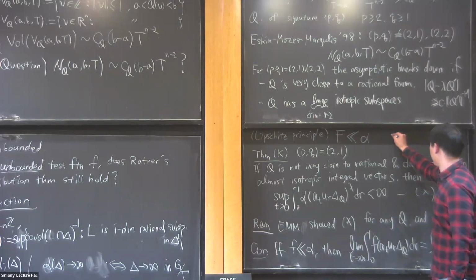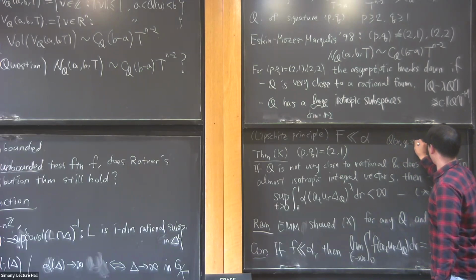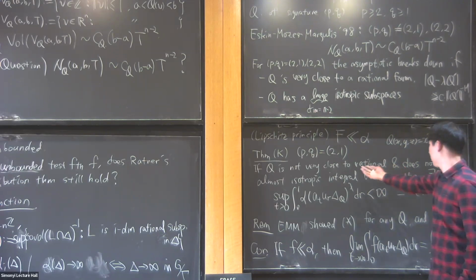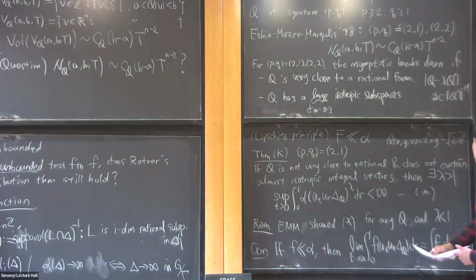A simple example is the quadratic form x squared plus y squared minus square root 2 z squared, or any quadratic form of algebraic coefficients which is not rational, because any algebraic number is not very well approximable by rational numbers.